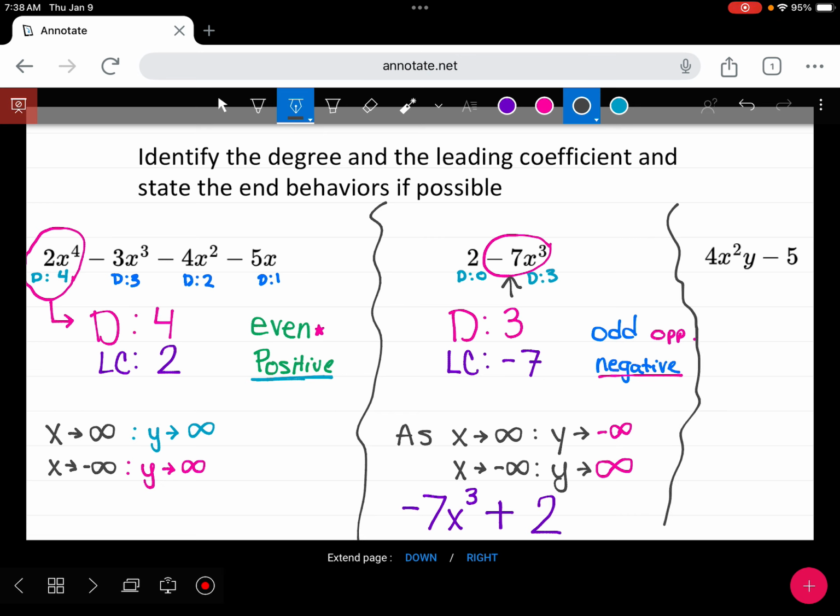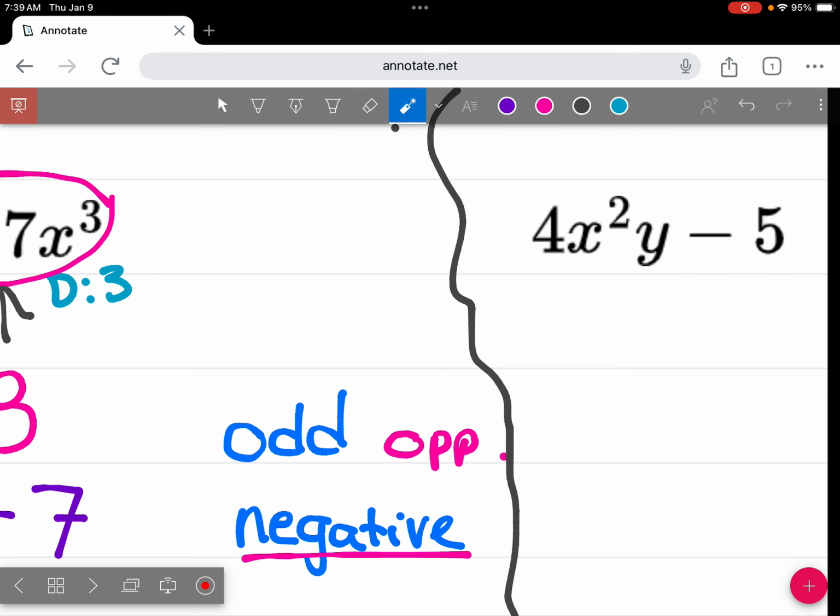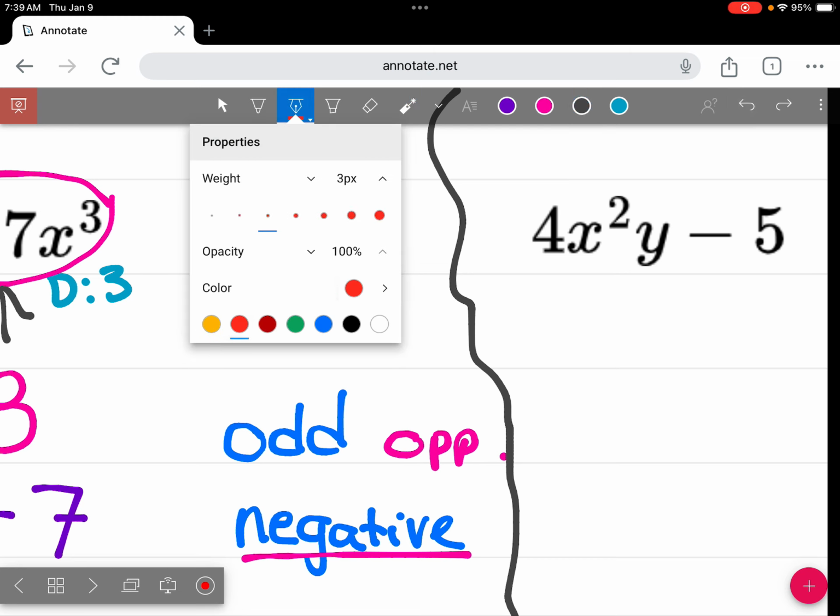So we got one more piece over here. We've got 4x squared y minus 5. What do we notice about that? There's two variables. Do we know how to find our degree or anything with two variables? So in terms of the things we can do, this is not a polynomial in one variable.